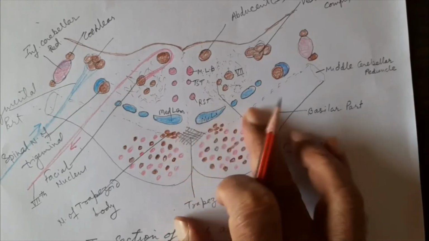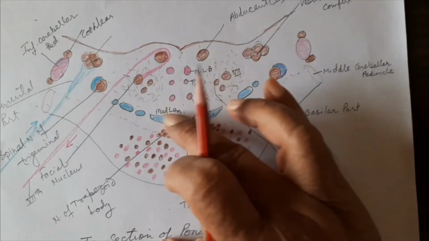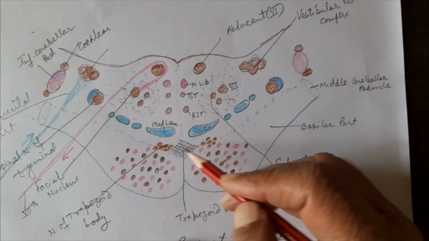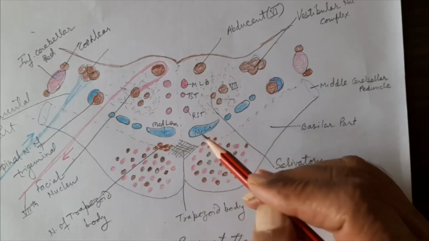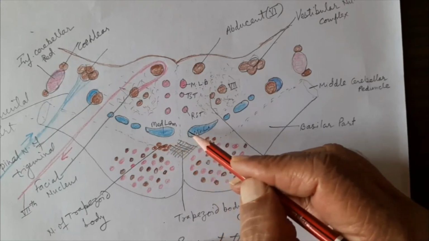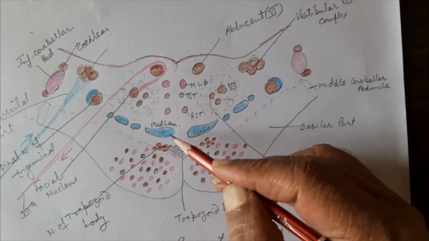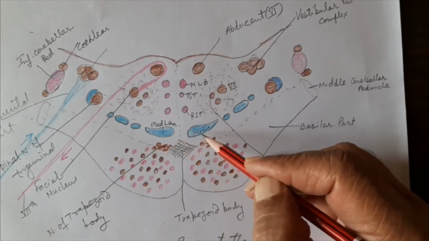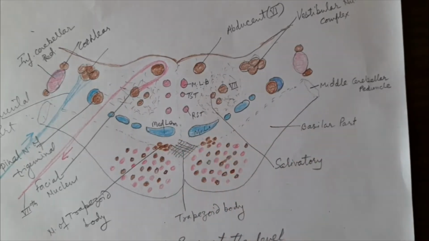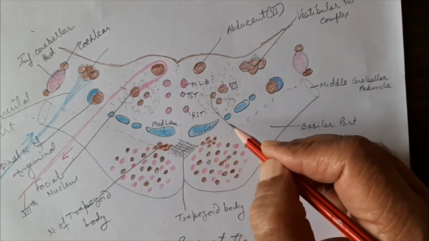And this medial lemniscus has now become horizontal, otherwise in the medulla it was vertically placed on either side of the median plane, and it was formed by the internal arcuate fibers, which had their origin from the nuclei gracilis and cuneatus, carrying the proprioceptive fibers to the thalamus and then to the cerebral cortex. So the conscious proprioception is carried by the medial lemniscus. Now this has become horizontal.